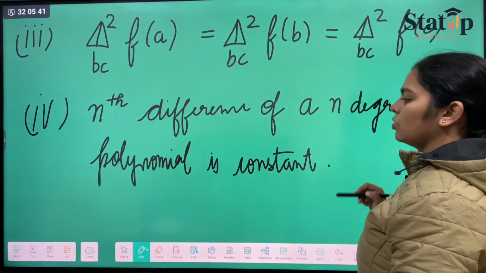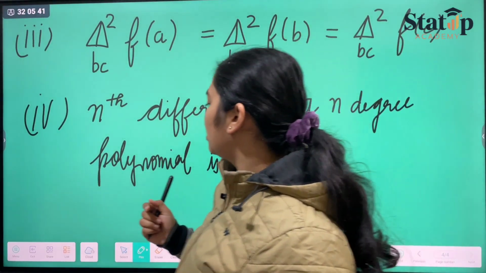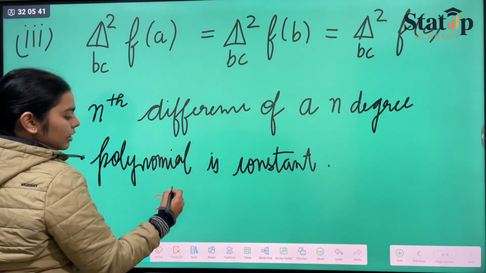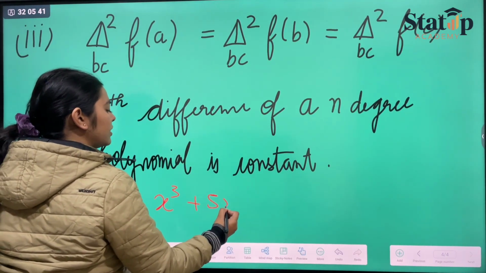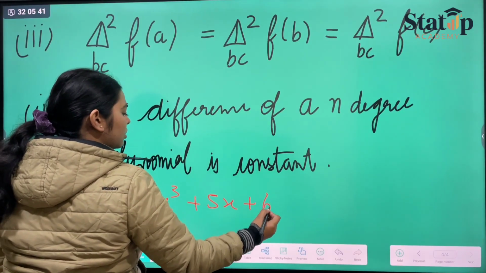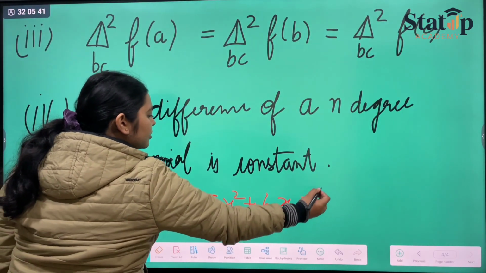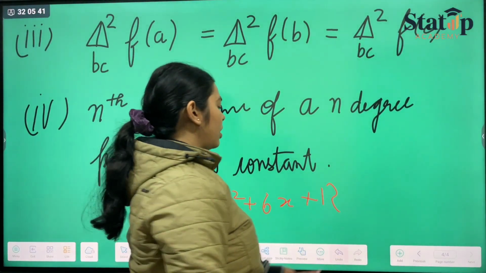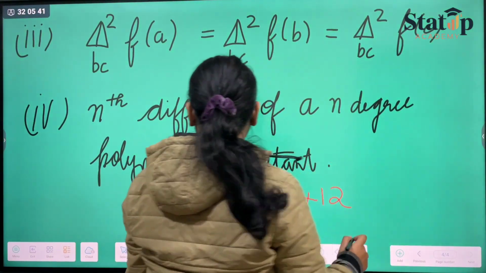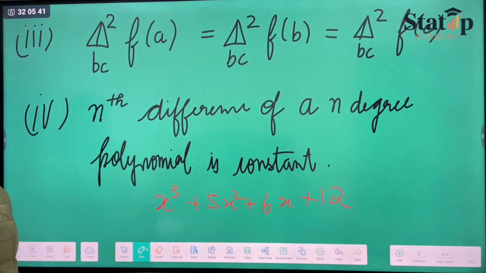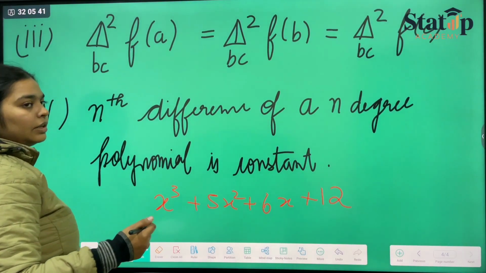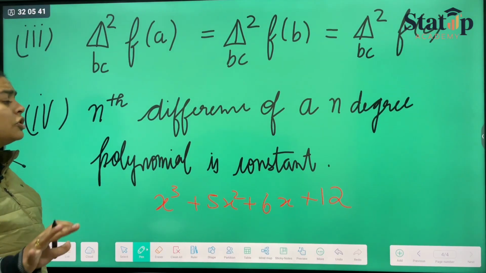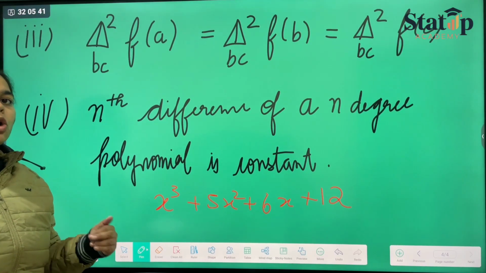Suppose in the exam they ask you a question. Suppose we have been given a polynomial, x cube plus 5x square plus 6x plus 12. Suppose this is our 3-degree polynomial equation. Now they'll ask which difference of this equation will be constant.